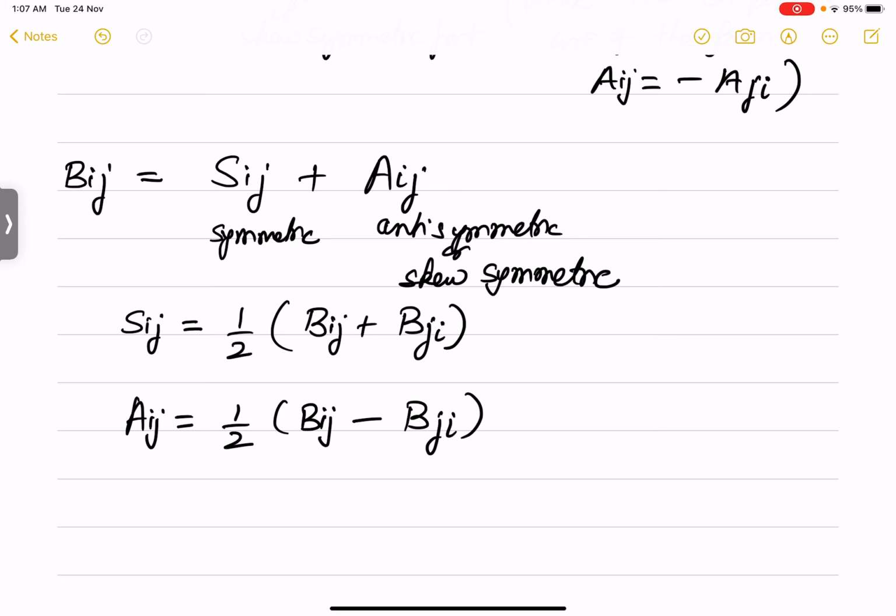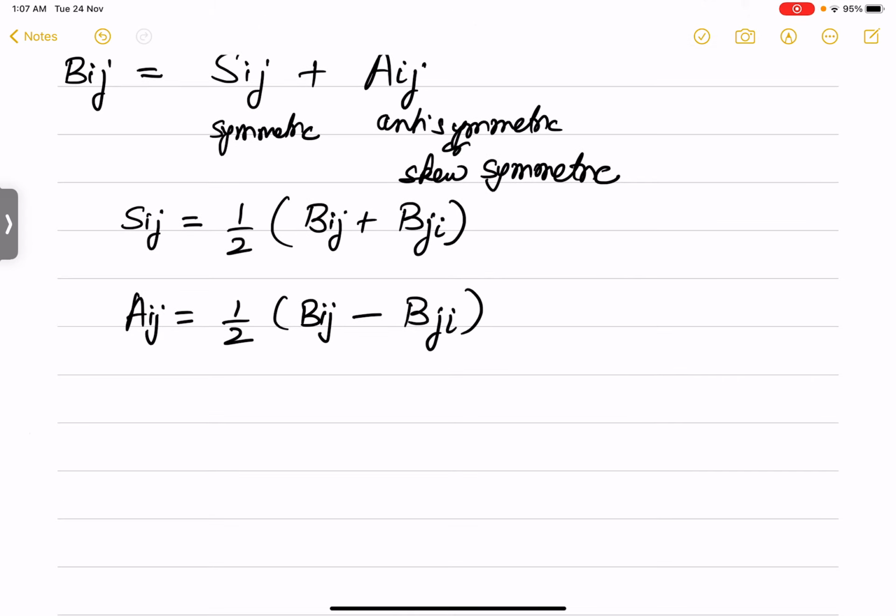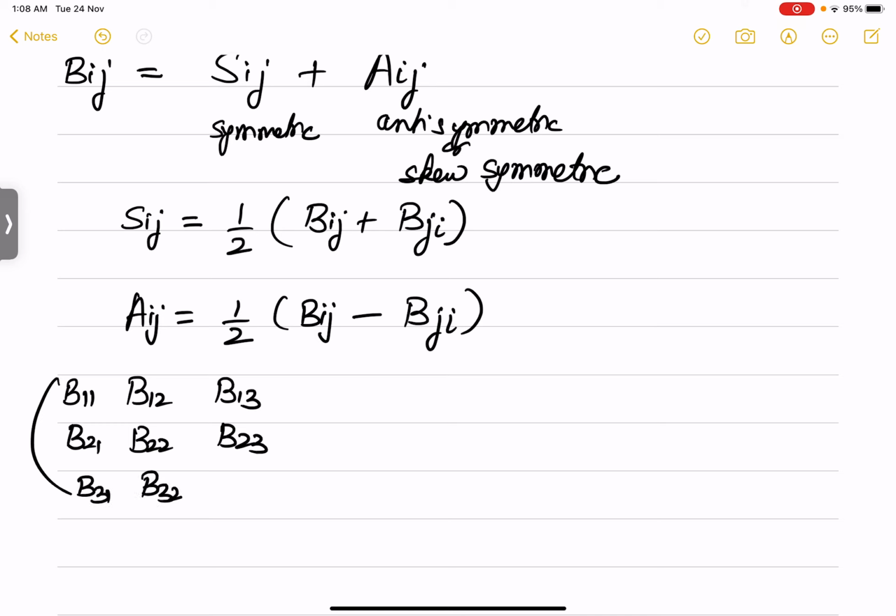And if you can very clearly see, if we add the two, we will get Bij back. And just to illustrate this, we can expand it as B11, B12, B13, B21, B22, B23, B31, B32, B33.